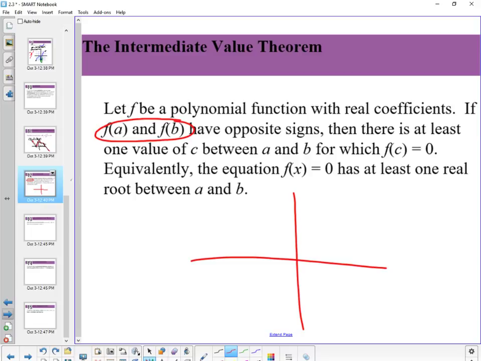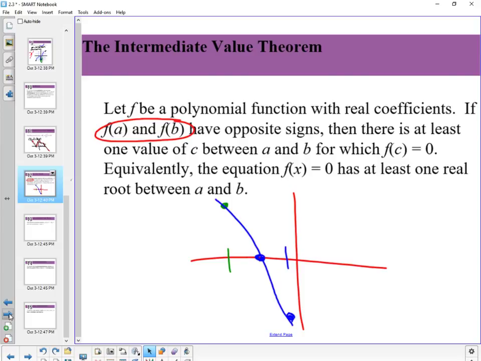Let me show you. So let's say I have an x here, okay? Do you want to make this output a positive or a negative? Positive. So that means it's going to be up here, right? So let's grab another x and put its position over here. Now, if this one's positive, then my next output needs to be negative. So that means that between these two must exist a solution, a zero.